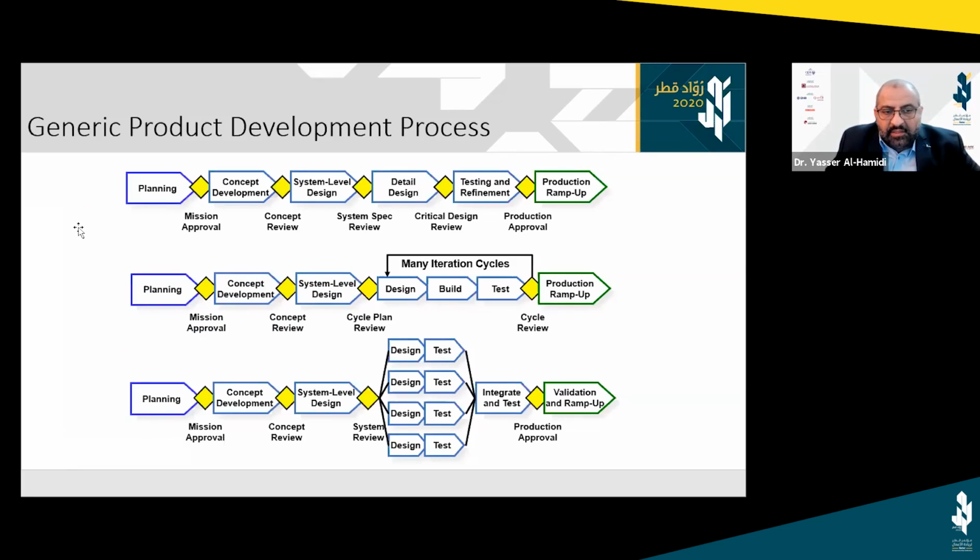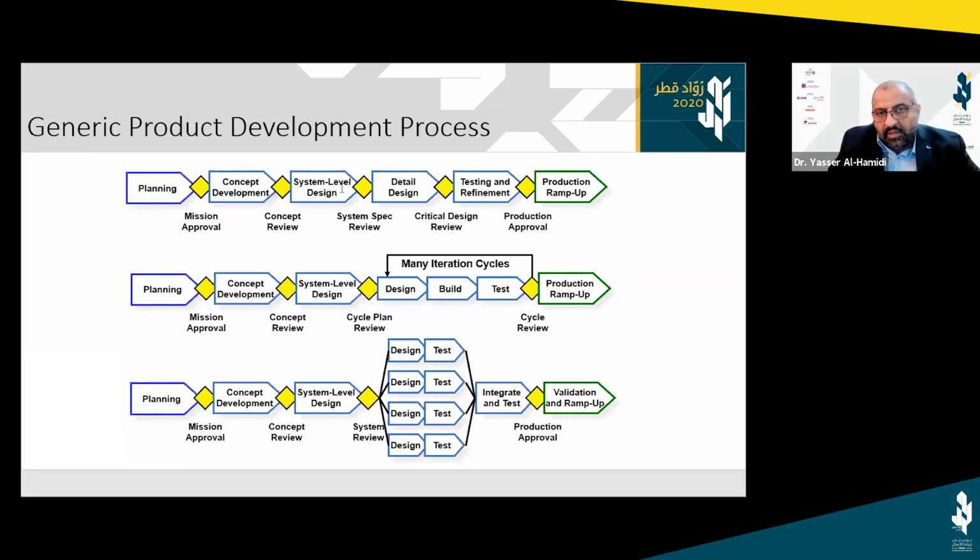The product development process, which we will be talking about today, follows a structured flow of activity and information flow. What I would like to start up with today is to show you different types of these processes.